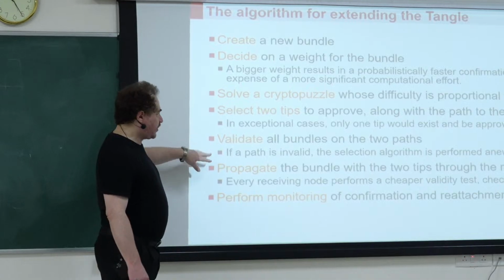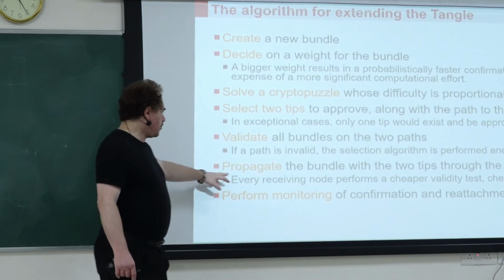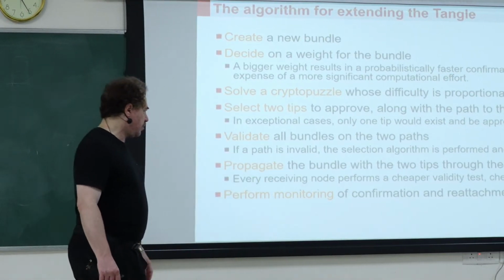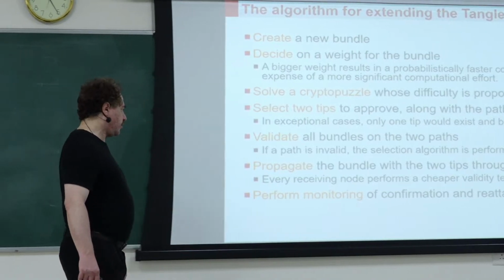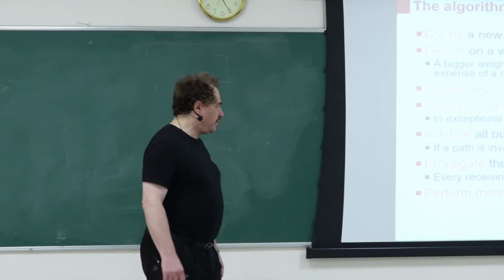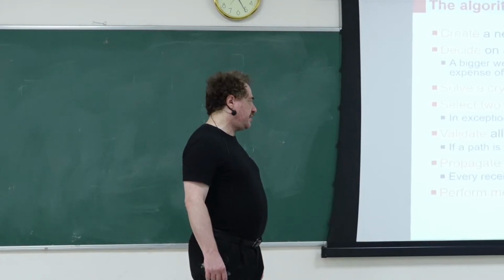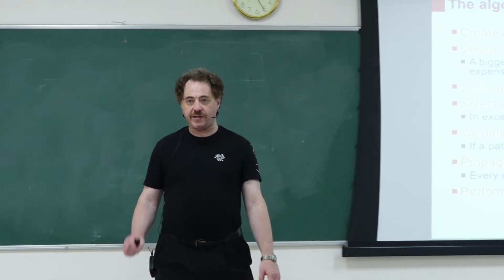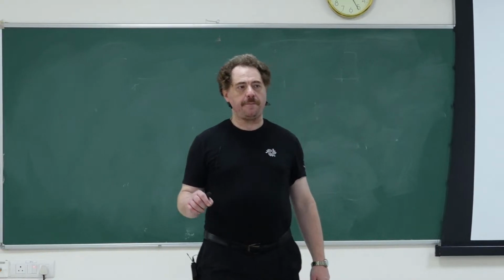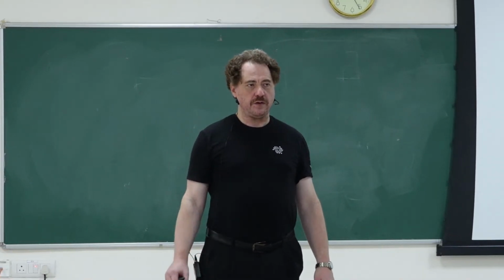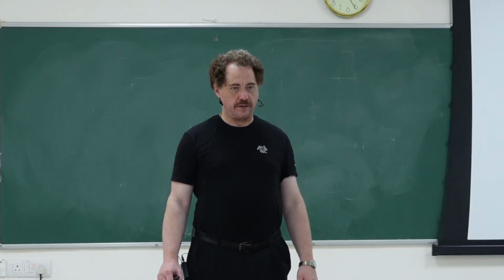Okay, so finally, the issuer finds two correct paths. At this point, it sets the two edges, and it propagates the new transaction with the two tips throughout the network. And every receiving node performs a cheap validity test, checking just the integrity of the bundles along the path. So it would not be checking the double spending.